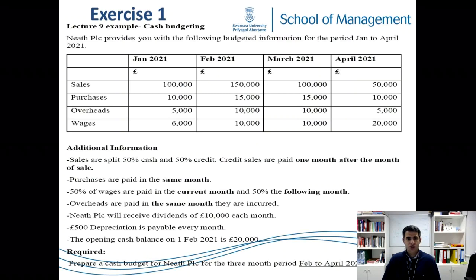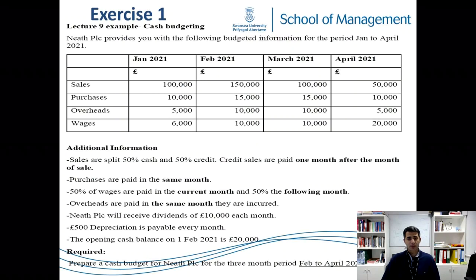So what the question tells you is that from the sales, 50% they receive in the current month in cash, but 50% they receive in the following month. Purchases are paid in the same month. Easy. 50% of wages are paid in the current month and 50% paid in the following month. Again, this is for wages.